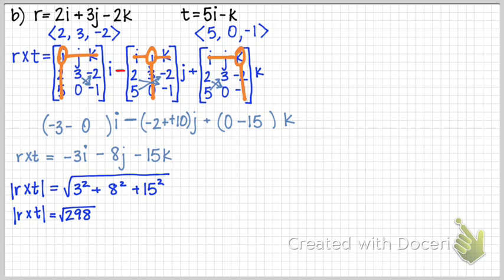So when we write our unit vector, I'm going to name it U for unit. I'm going to take my cross product and divide it by its magnitude.